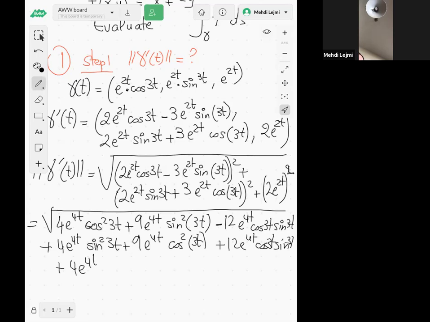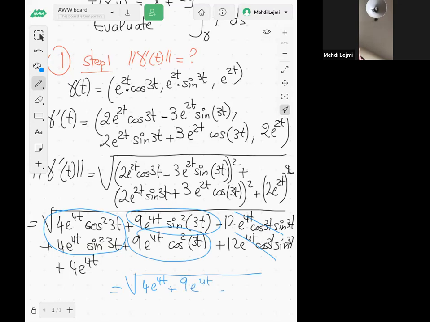So you can see here, guys, there's going to be some cancellation: minus 12 plus 12, the same thing. And then here you have cosine square plus sine square. So it's going to be a square root, and you can factor out 4 exponential of 4t times 1, plus 9 exponential 4t.